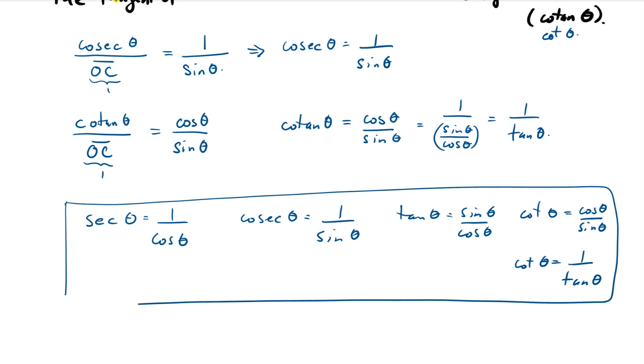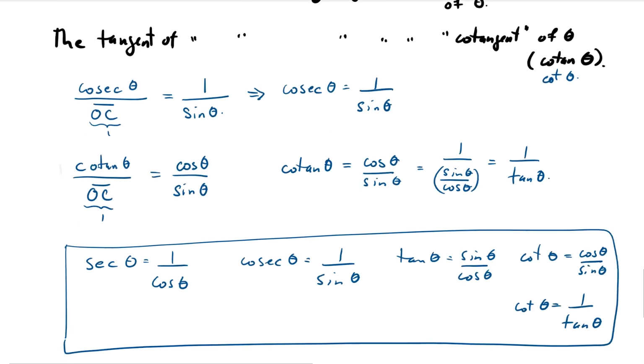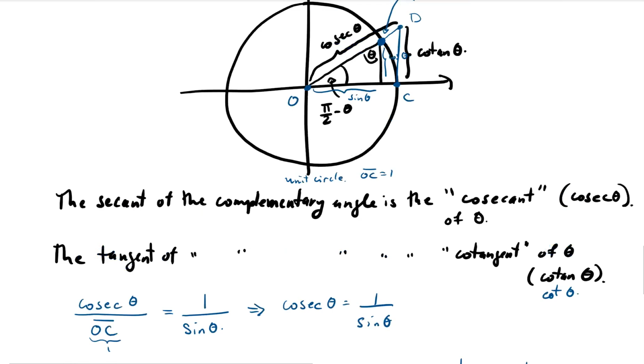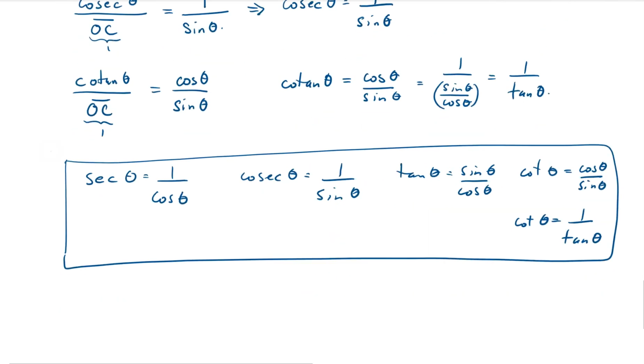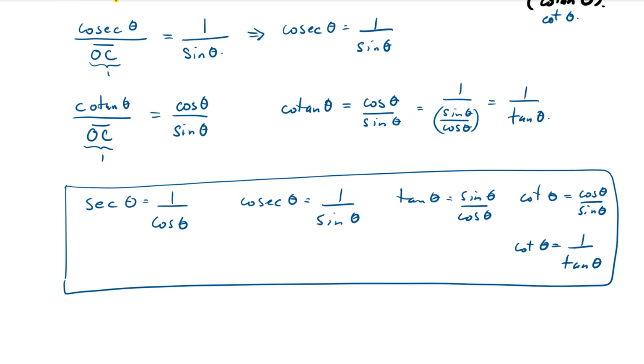So from sine and cosine, we can create 4 more trig functions, which are secant, cosecant, tangent, and cotangent, and they all have a geometric meaning with respect to the unit circle. You can find them by recreating those 2 triangles. Now, this is not something you want to do all the time, so it's preferable to remember those relationships, so that you don't have to reinvent the wheel.